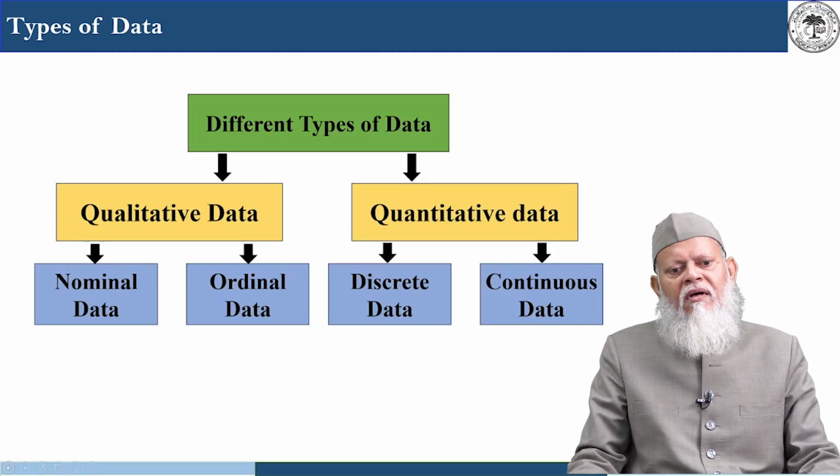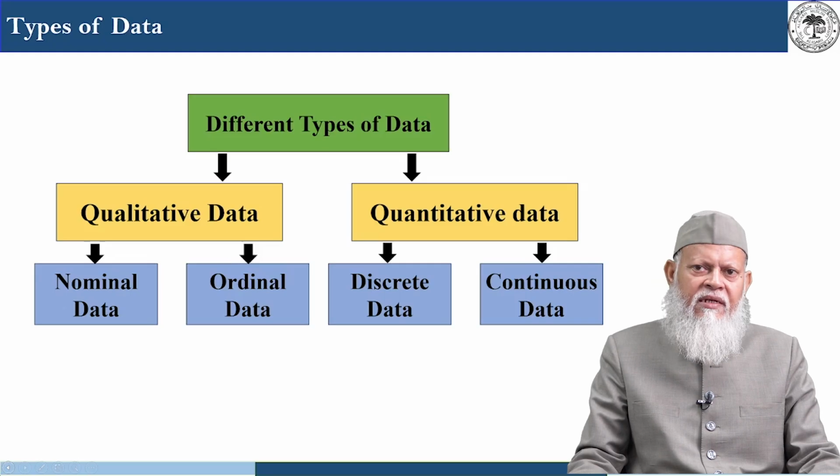So, we do not get specific quantitative values in qualitative data. In qualitative data, we get either the nominal ones giving information about different categories, or the ordinal data giving us ranking about the choices or ranking about the preferences. I hope it is clear.